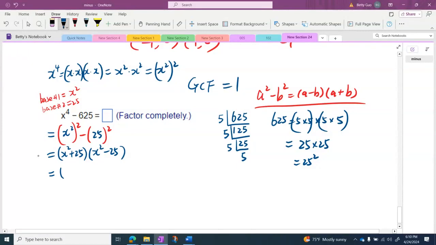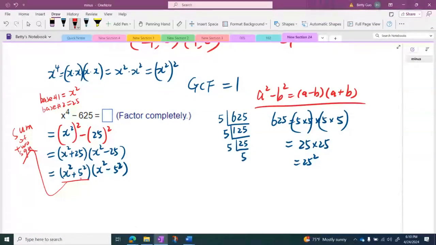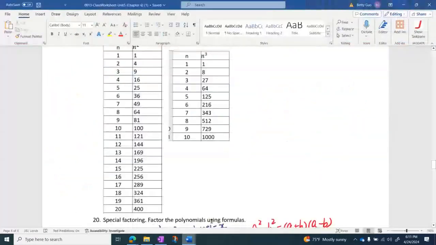But we are not done yet, okay? And then I'm going to write 25 as 5 squared. And you would see this binomial is a sum of two squares. Let me show the rule for sum of two squares we have learned.